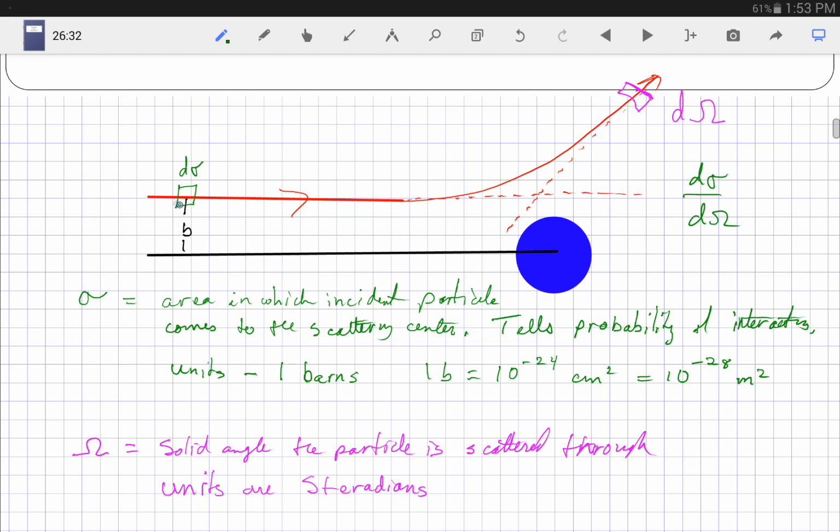It comes through some area here, and it's likely to scatter through some solid angle. And remember I said, just think of the solid angle like the area of a sphere with radius 1. So you just take the equation for area of a sphere, which is 4 pi r squared, put in 1 for the radius, not units, just 1. And that gives you.